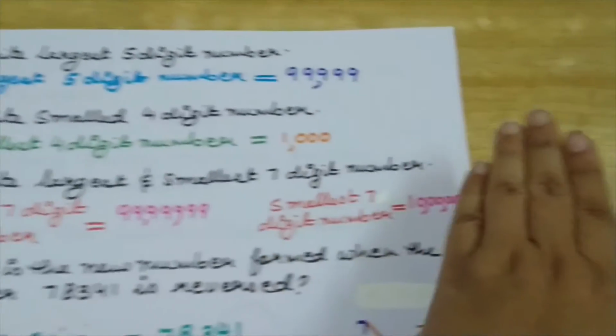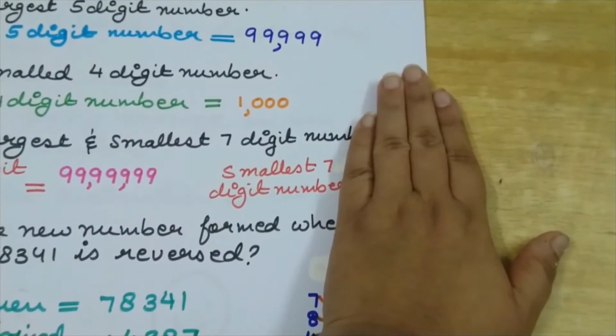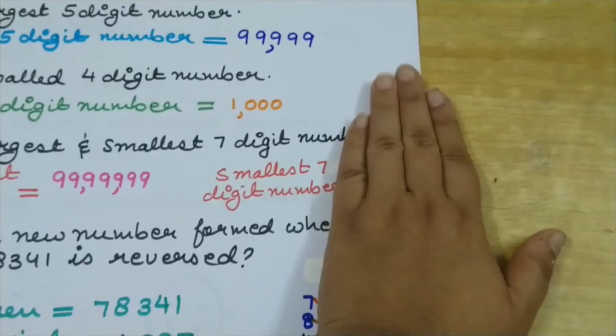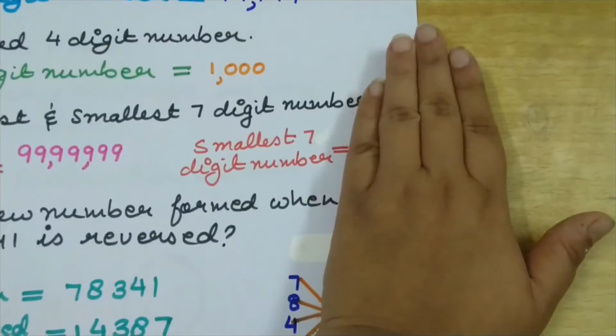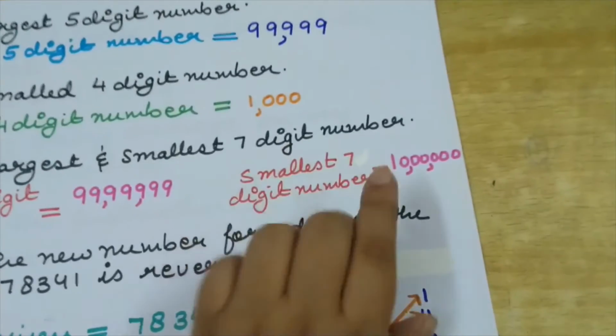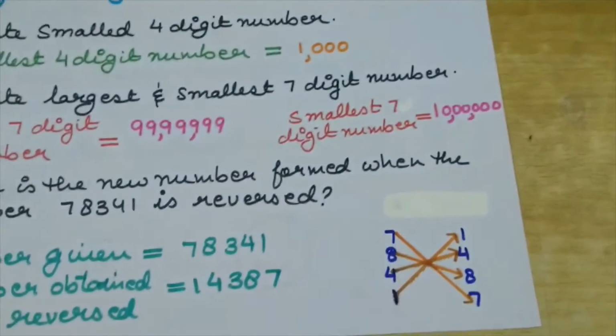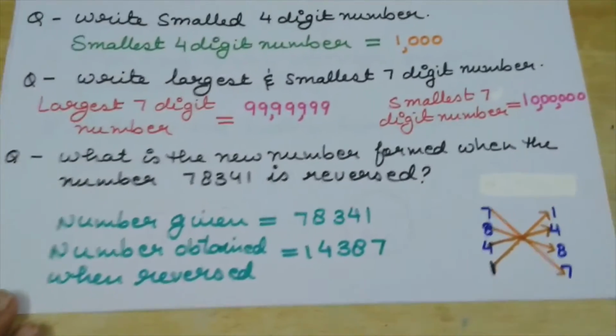Correct. Now the smallest 7-digit number. The first digit will be, correct, 1. And the rest will be 0. Correct. If you can see 1, 2, 3, 4, 5, 6, 7, a 7-digit number. Now another question.